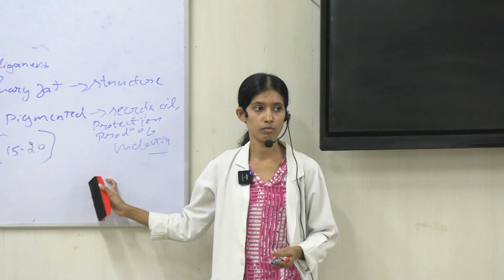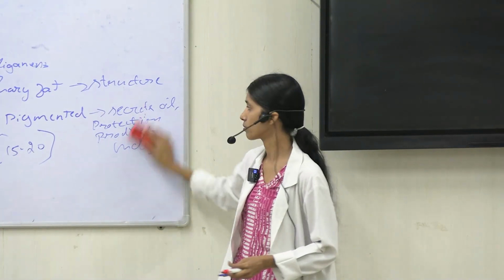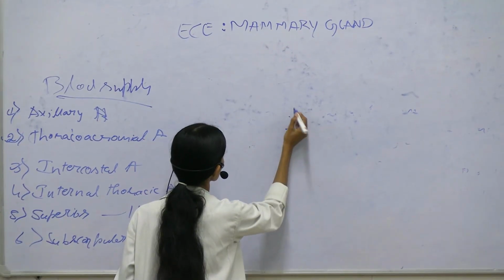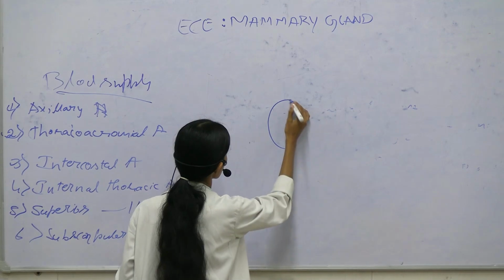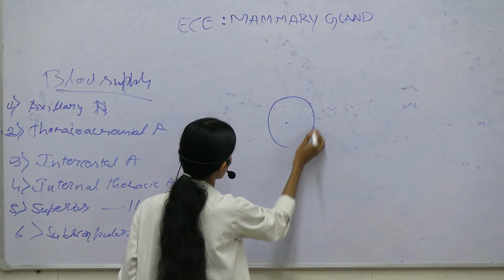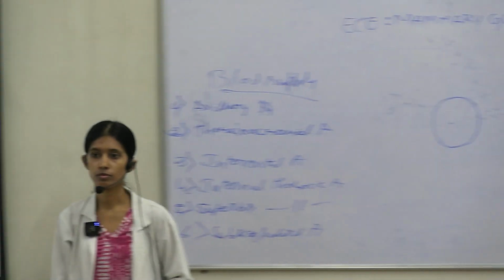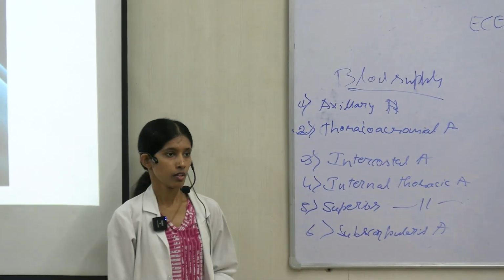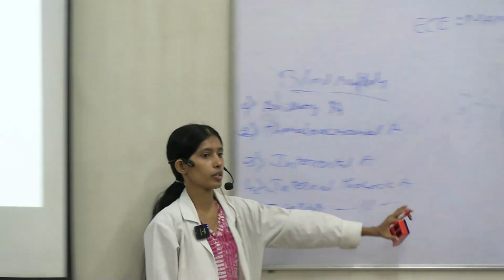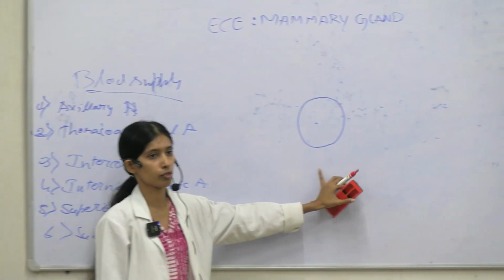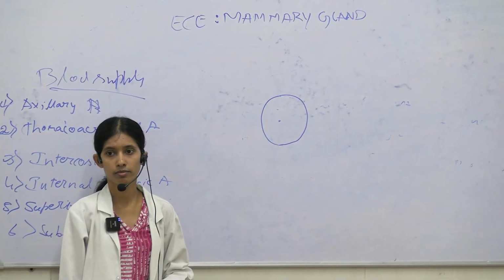This diagram. Shall I clean this? This diagram for the blood supply? Okay, fine. Tell me, which artery will supply which regions or which part of the mammary gland?